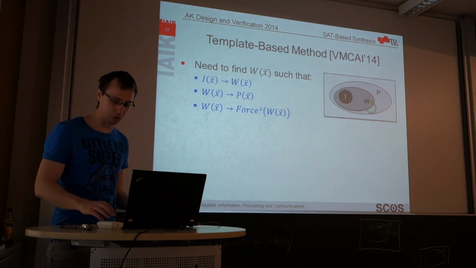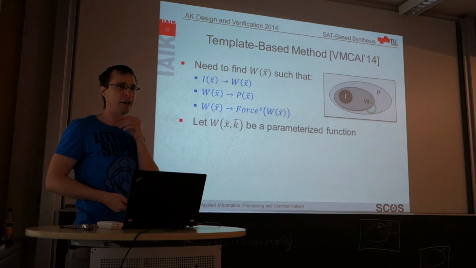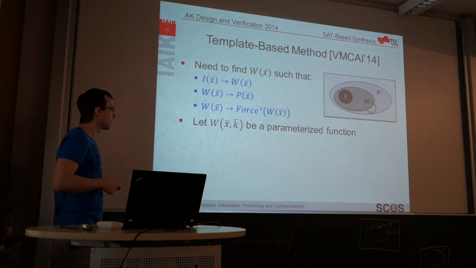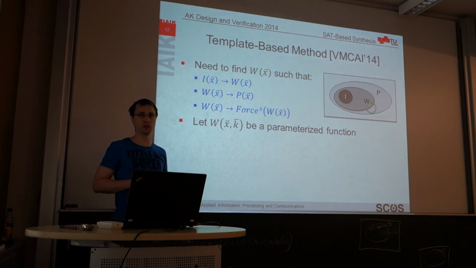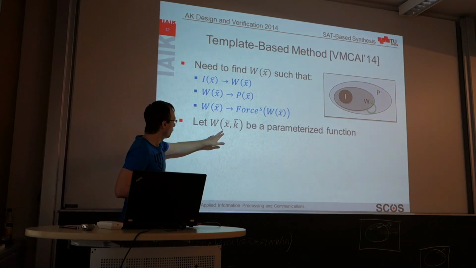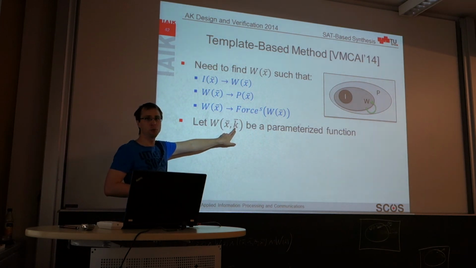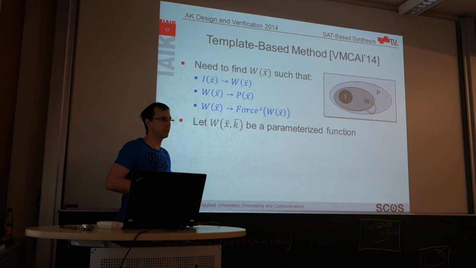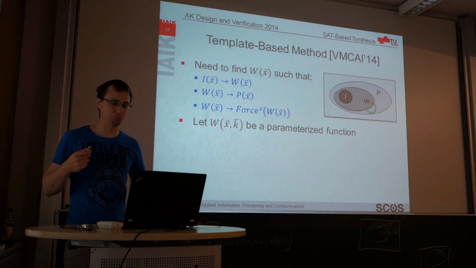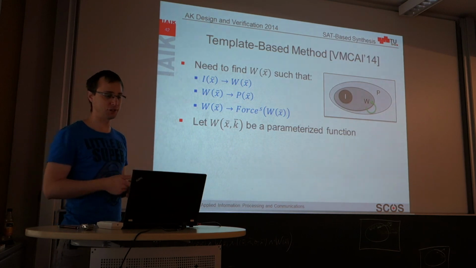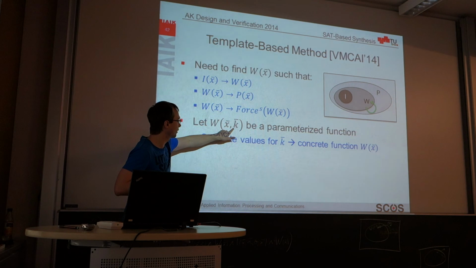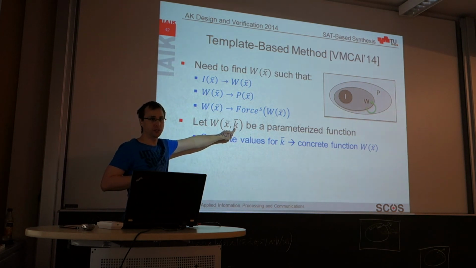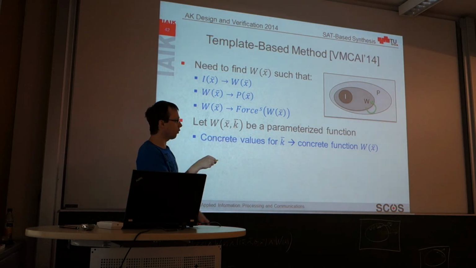Now this is not a simple task, but we can apply a trick in order to do this. We can define a parameterized function over the state bits. Here we introduce additional Boolean variables, named k here. They represent basically our parameters for the template, and when we fix concrete values for these k variables, then we get a concrete function over our state bits.